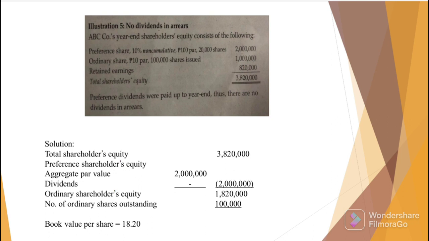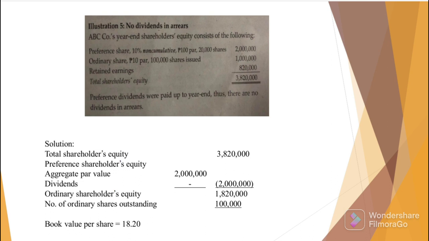Dividends wala dahil sinabi naman na no dividends in arrears. And that would be 3,820,000 minus 2 million is 1,820,000 na magiging ordinary shareholders equity divided by number of ordinary shares outstanding and that would be 18.20 na book value per share.